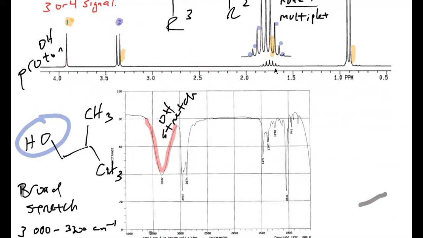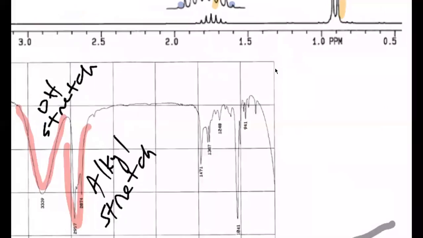The only other stretches that matter, well, there are 2 more stretches in here that we can pick out. Right here, that's your alkyl stretching, because you have all those carbon-carbon and carbon-hydrogen single bonds. And then there's one other important stretch to look at, right here.